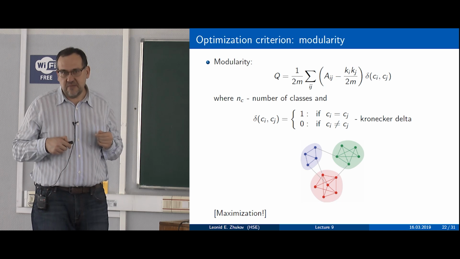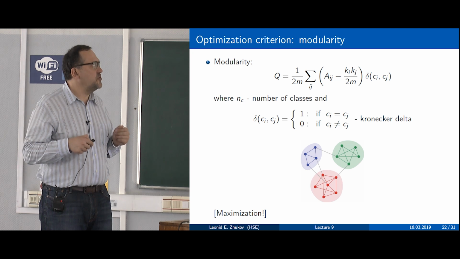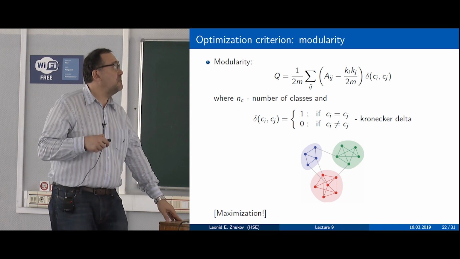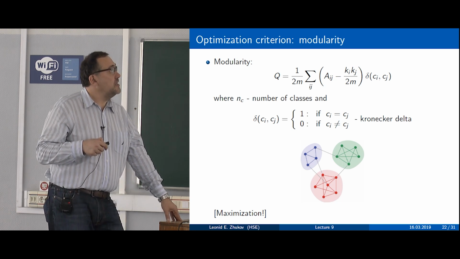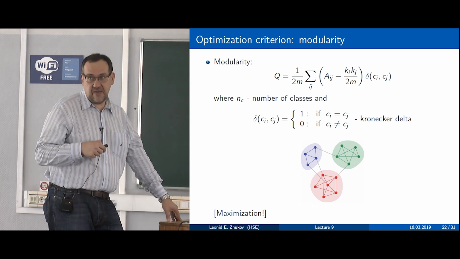Remember, we talked about modularity a couple of lectures ago as a metric that can also be used for graph partitioning, where the Kronecker symbol is 1 if your 2 nodes belong to the same group, and 0 if they belong to different groups. It literally counts how many connections you have within the cluster compared to what you would have if it was a random graph. Remember this story, right?